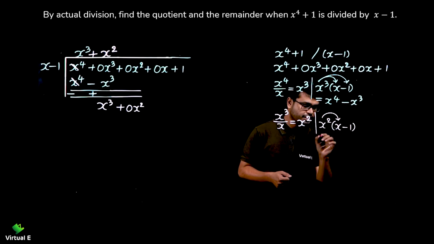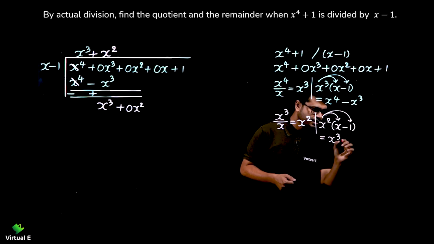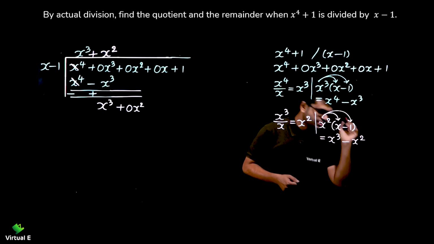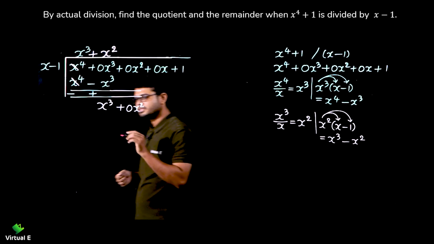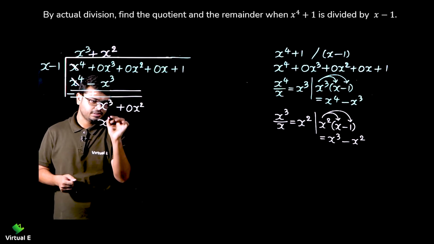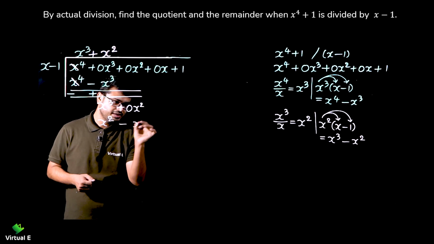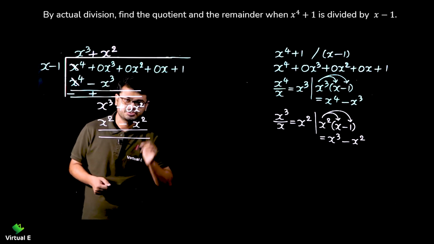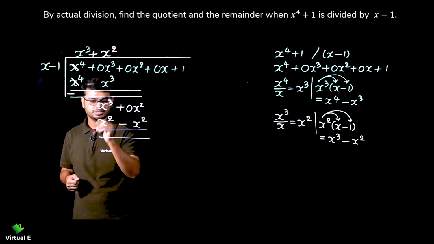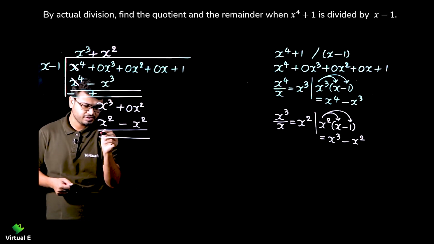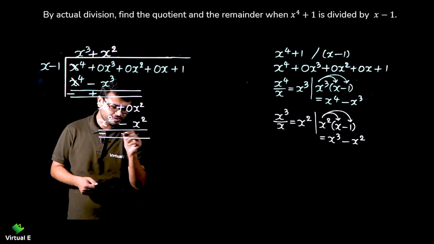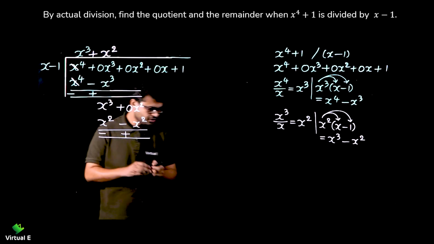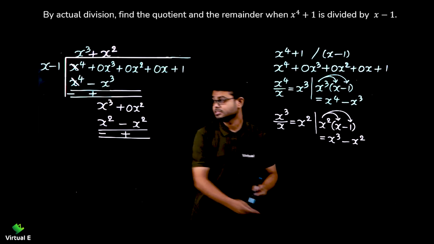So here we are going to get x cube, and if we multiply with 1, then minus x square. Very simple. As we are going to subtract, let's change the sign. So positive will become negative, this negative will become positive.